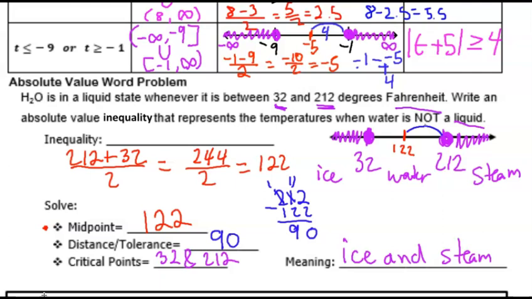So our distance is 90. So we'll use that to write our inequality. The absolute value of our temperature minus our midpoint, 122, is greater than or equal to our distance, 90. It has a greater than sign because we're shading the outside.